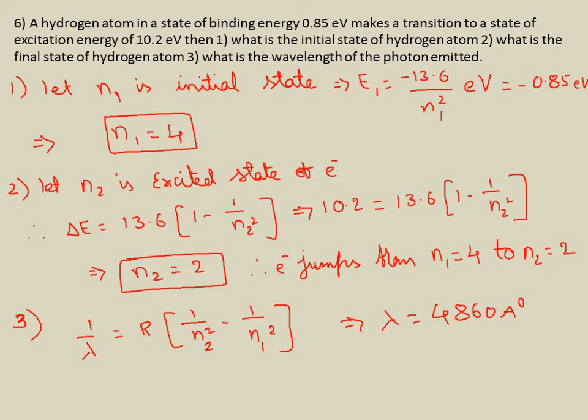First of all, let us understand what we mean by this binding energy. Anyway, in the next chapter, the chapter on nuclei, we will see what binding energy refers to. Until then, imagine that binding energy is nothing but the ground state, initial condition. If you want, I can tell you the definition here itself.